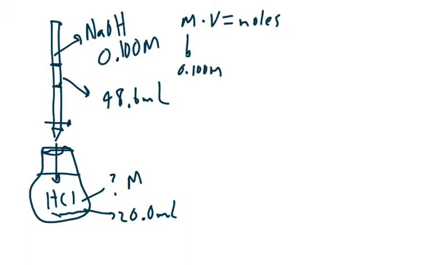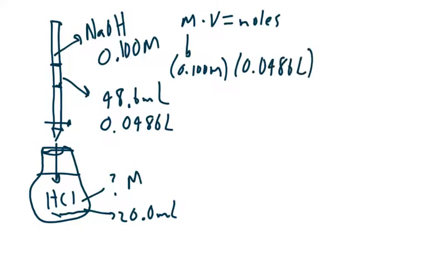Now remember, the volume has to be changed to liters. So if we change 48.6, it'll become 0.0486 liters. If we multiply the molarity by that volume, we're going to convert that into moles.